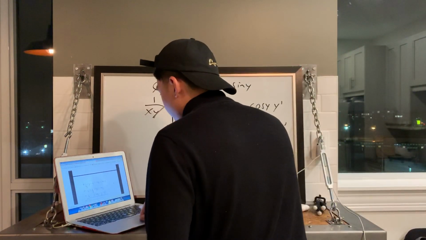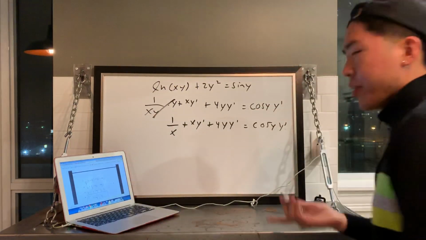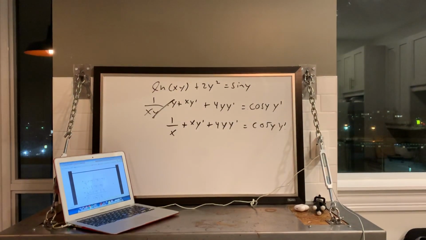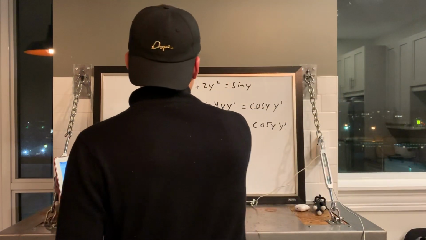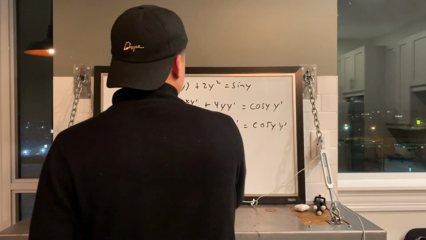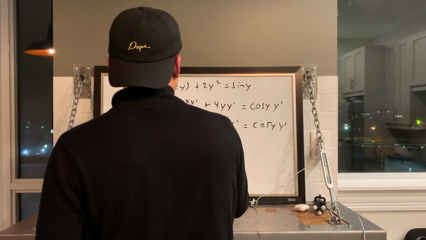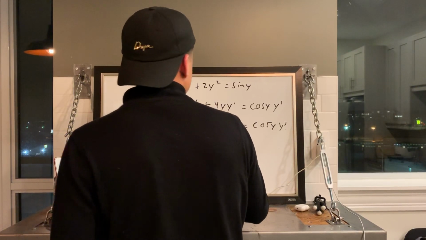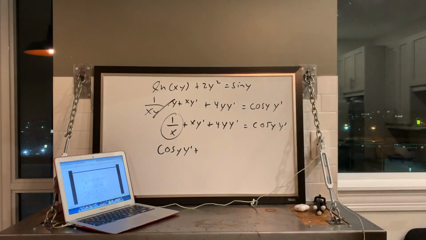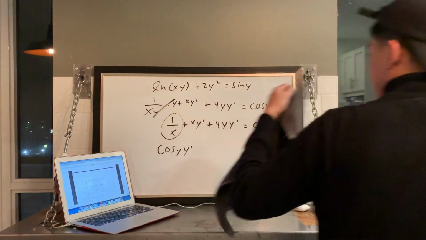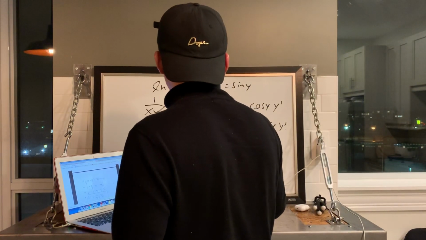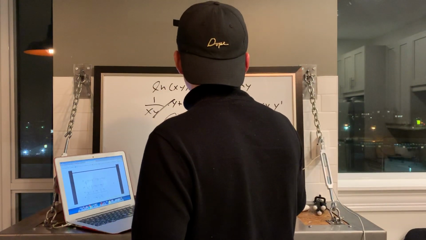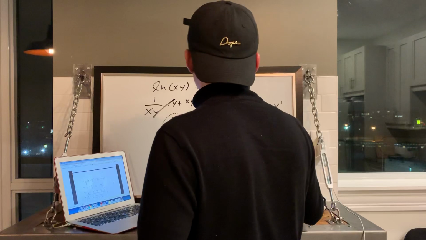So I have more terms that have y prime than not. I have 3 terms that have y prime in them, essentially. So I'll put those all on one side and leave the 1 over x over here. So if I were to rewrite this, I have cos y prime minus xy prime minus 4y prime equals 1 over x.